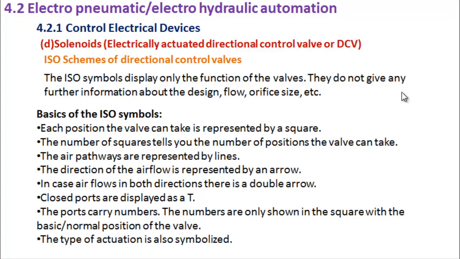So now that we have studied how to draw the schematic of a DCV, let us once again in a formal manner try to define the ISO schemes of the directional control valve, or how we draw the ISO schemes.